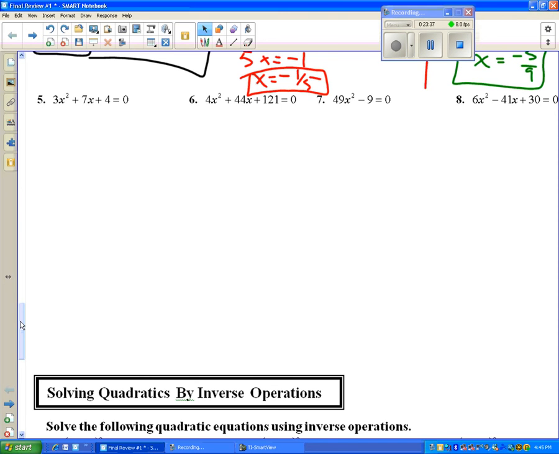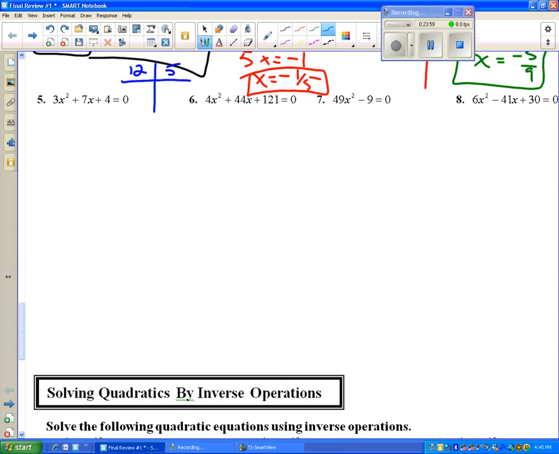3x squared plus 7x plus 4 equals 0. So I want to factor this. 3x squared is not a perfect square, so what I have to do is the California method at this point. So the question is, 3 times 4 is 12. What multiplies to be 12 and adds to be 5?